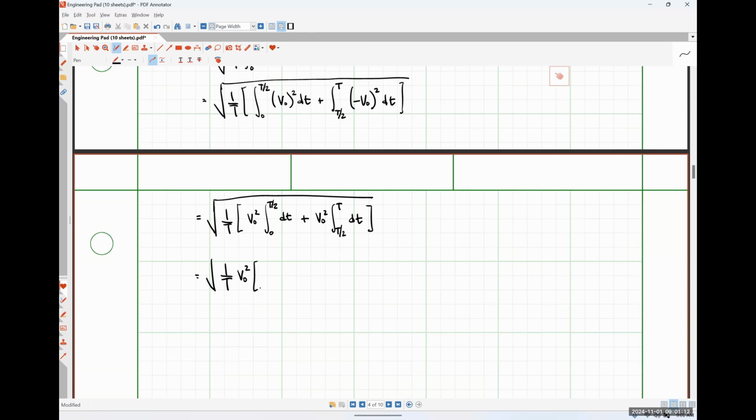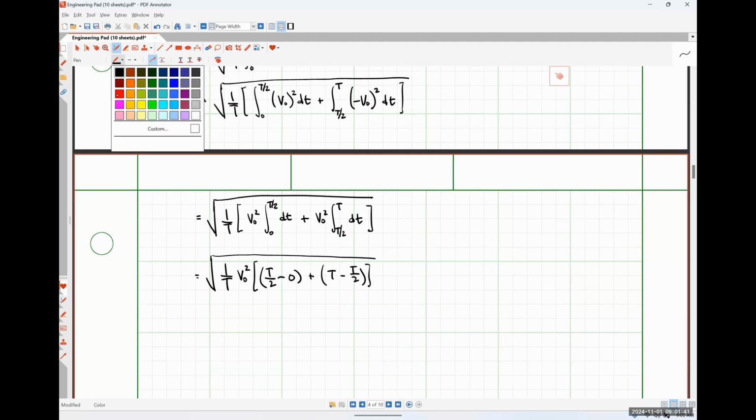So the integral from 0 to capital T over 2 of dt is literally just T over 2 minus 0. And then the integral from T over 2 to capital T of dt is just capital T minus capital T over 2. Like so.